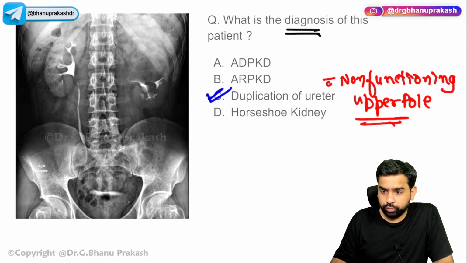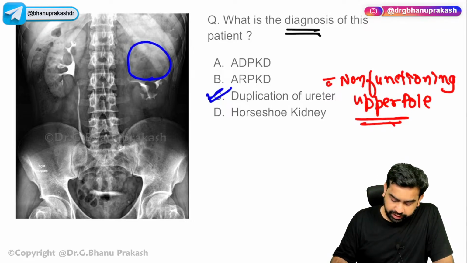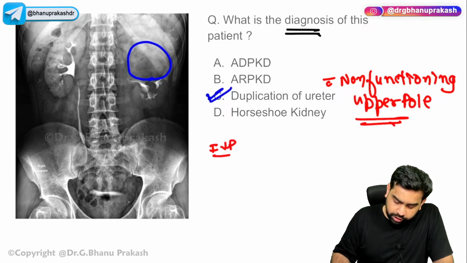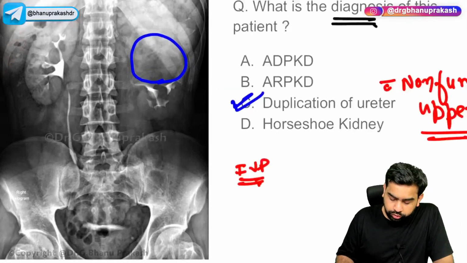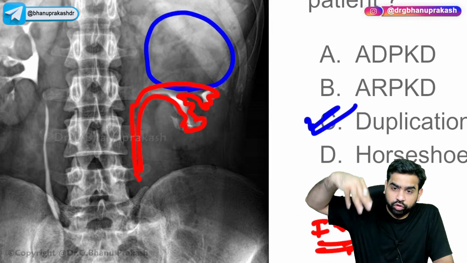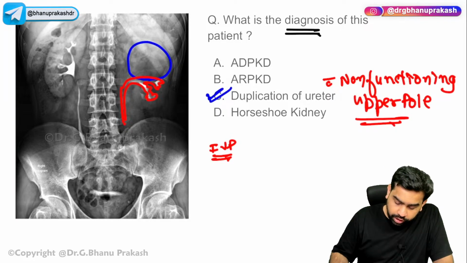So what you need to understand over here is that the upper pole of the kidney is not functioning. Now what has been performed in these patients is an IVP, intravenous pyelography. The upper pole of the kidney is non-functioning, so it is not going to take up the dye, but the lower pole of the kidney is functioning, so it has taken up the dye. And this basically appears like a drooping water lily sign. So on the intravenous pyelography, what are you going to find?